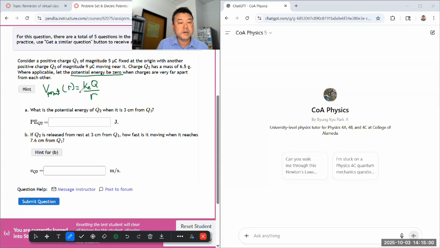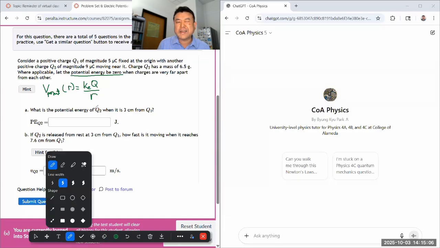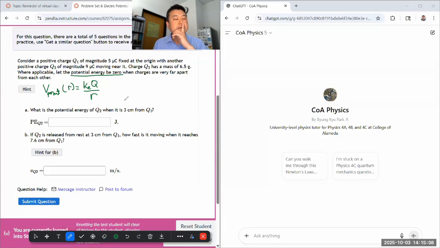I think there's a minus sign. No minus sign, because that's for gravity. And if it's attractive, the negative sign of the charge would handle that. And you also remember the relationship between potential energy and electric potential: potential energy is the test charge times the electric potential.